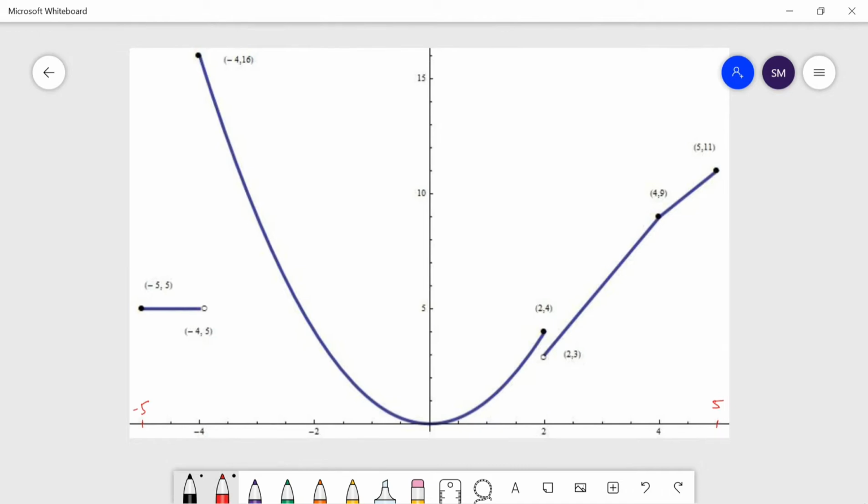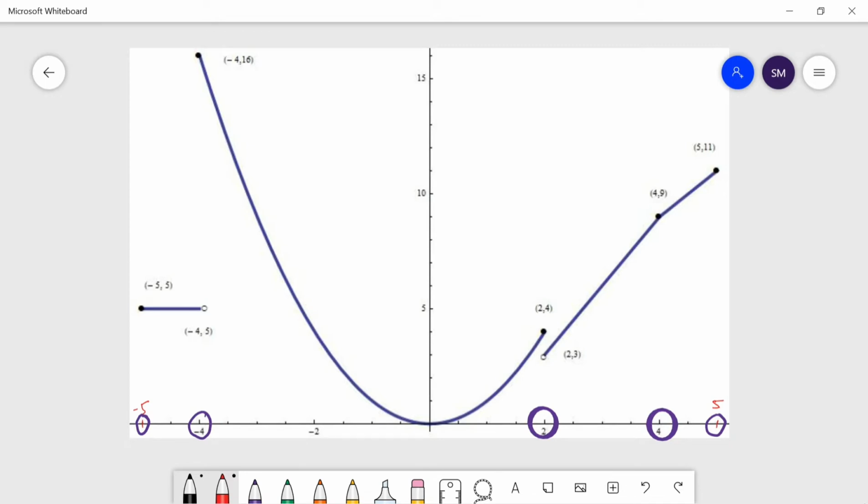We have to discuss the continuity of this function at different points: at the point -5, the endpoint, at the point -4, at the point 2, at the point 4, and at the point 5. In other cases, the function is continuous. So first we discuss at x equal -4.